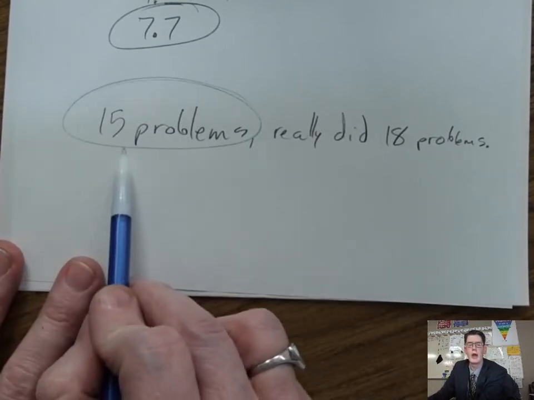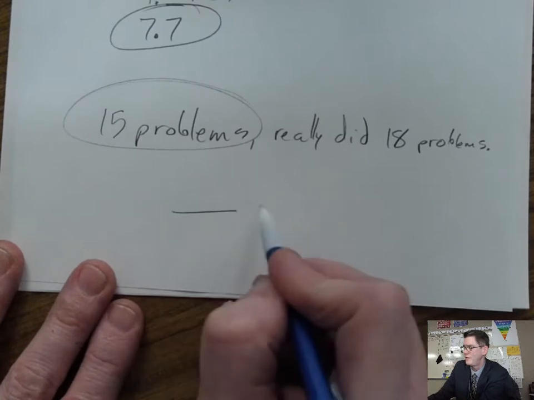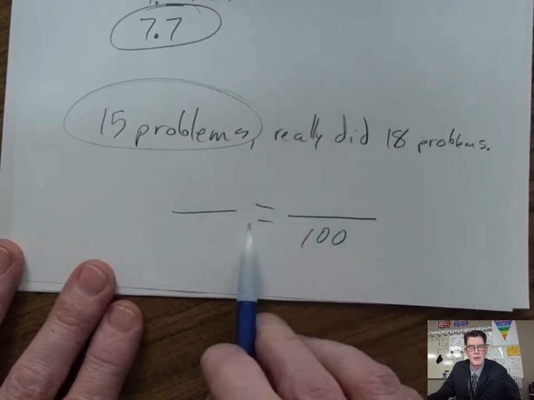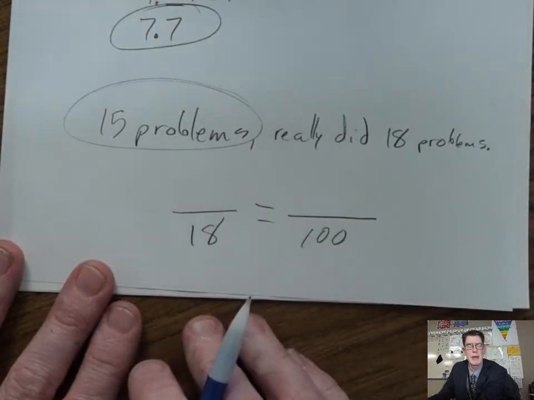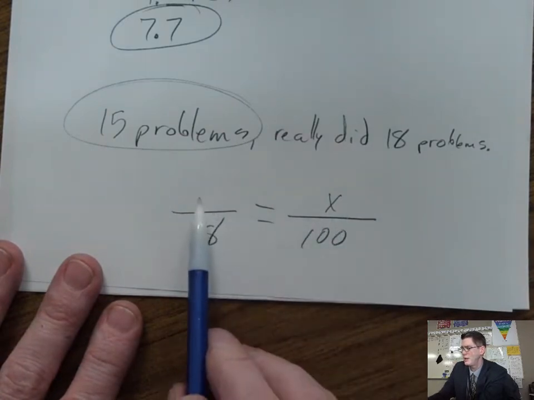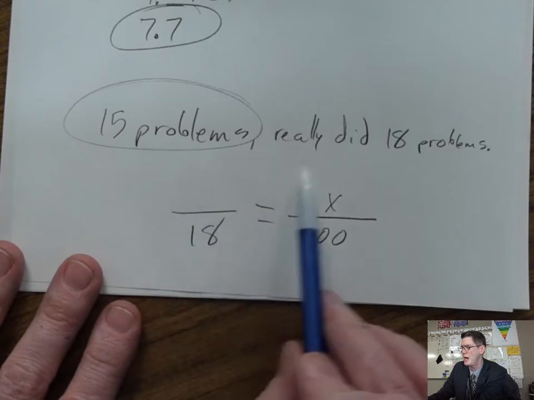What was your error? How much were you off by? What was the percent difference from the main amount? Well, the main amount, the starting amount, the amount that really happened, the original amount, is the 18. That's the actual amount. What's the percent? Well, let's see, it's the part that we were off. Well, how much were we off by?